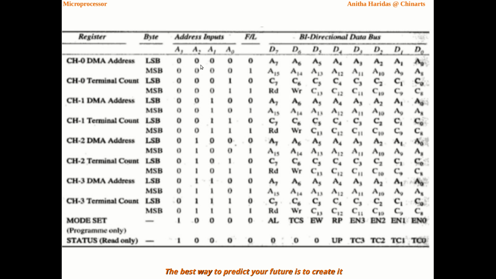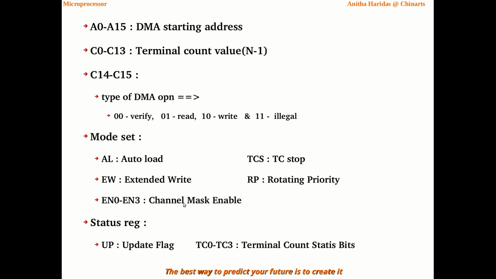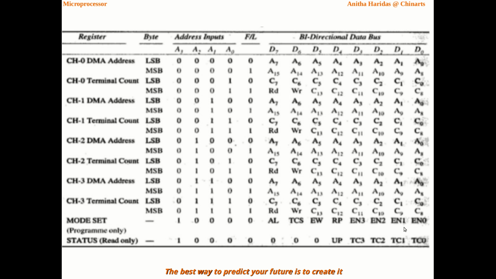Depending on the address in the A0 to A3 lines, and depending on the data in D0 to D7, the corresponding value will be written into the registers. In the mode set register, the D7 line will have the auto load value, D6 will have TCS, D5 will have EW, D4 will have rotating priority, and the D0 to D3 lines will have the mask enable values, whether the channel is to be masked or not.